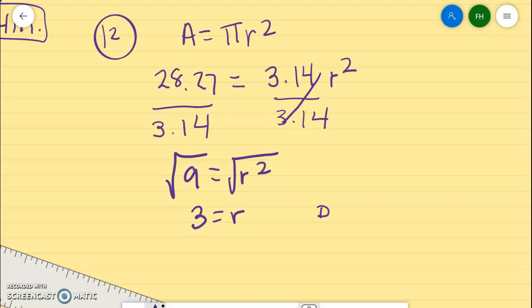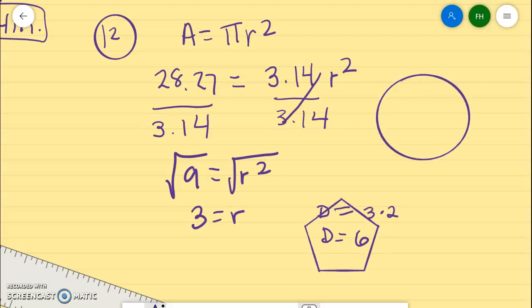The diameter is the dad. Remember, he's twice as big. So if he's twice as big, times it by 2, and we get 6. Remember, the radius is 3, and 2 radiuses make up the diameter, so the diameter would have to be 6.